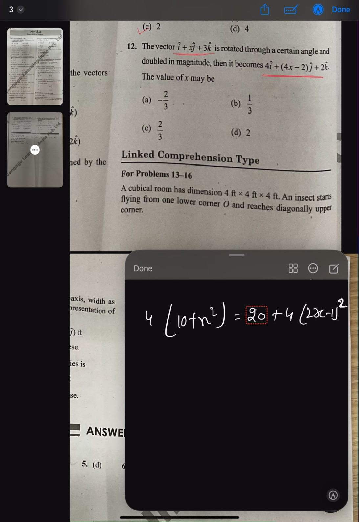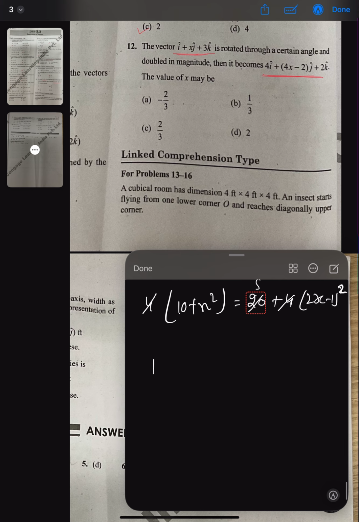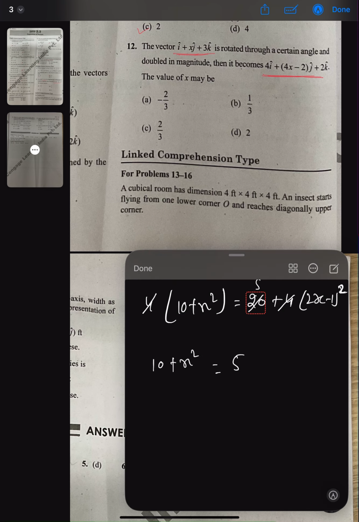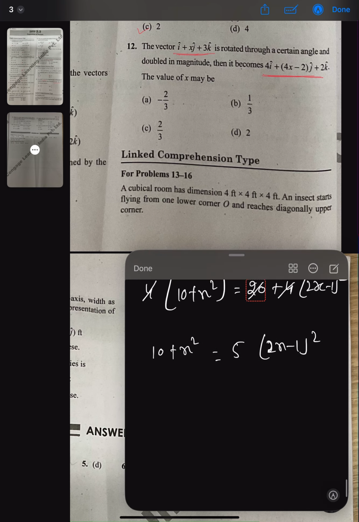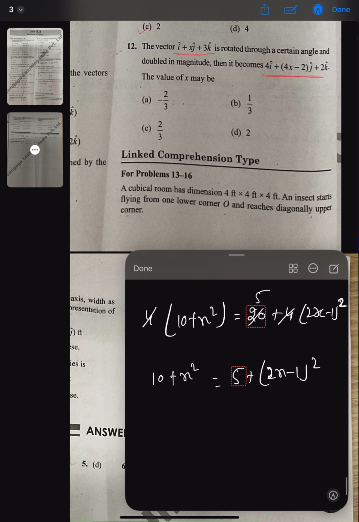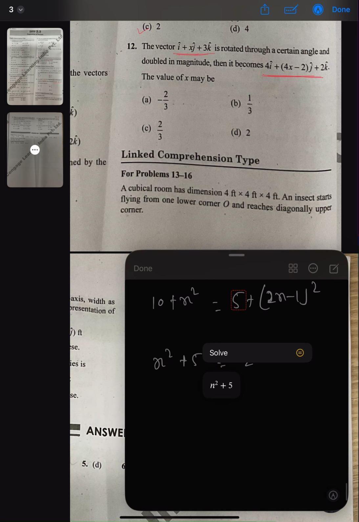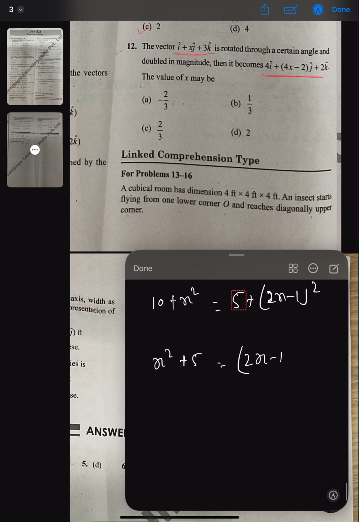So this is 4, so taking 4 common, 5, it will become 10 plus x square is equal to 5 plus (2x minus 1) whole square, so it will be x square plus 5 is equal to (2x minus 1) whole square.